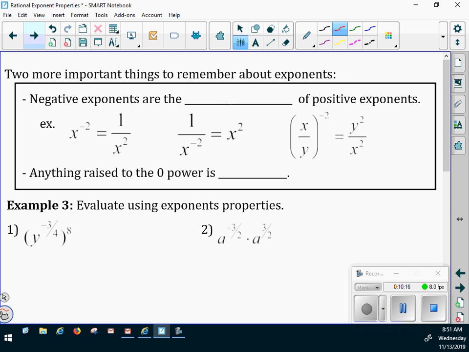Two more important things to remember about exponents. Negative exponents are the reciprocals of positive exponents. Remember, if you got a negative exponent in the numerator, he ain't happy.